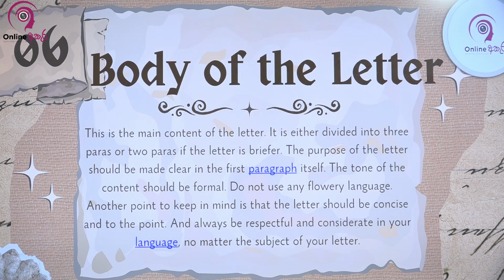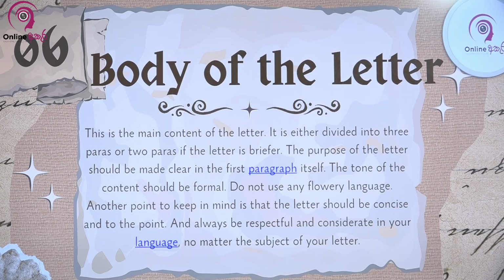Or, I am writing this letter to request permission from you to visit the National Museum on, so you can put the date, along with my history club colleagues of ABC School, Colombo.